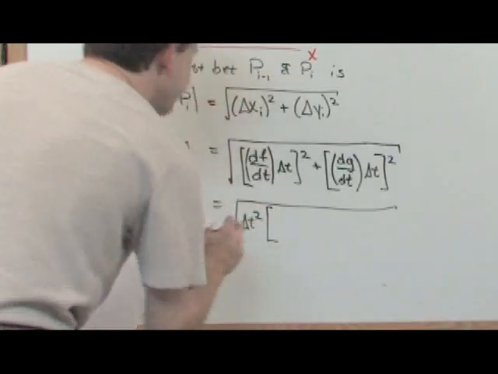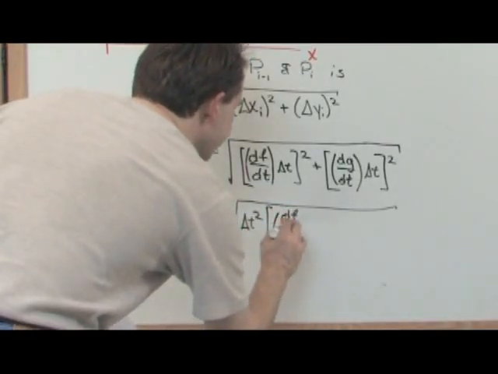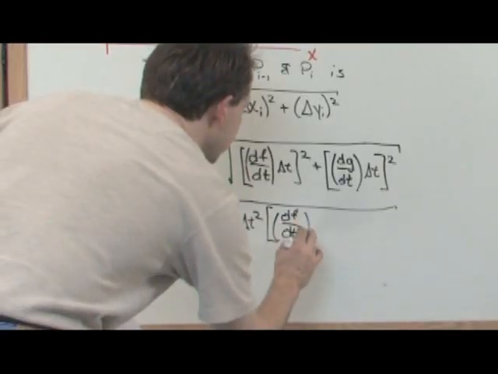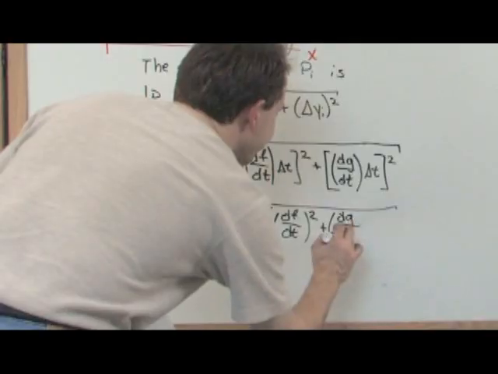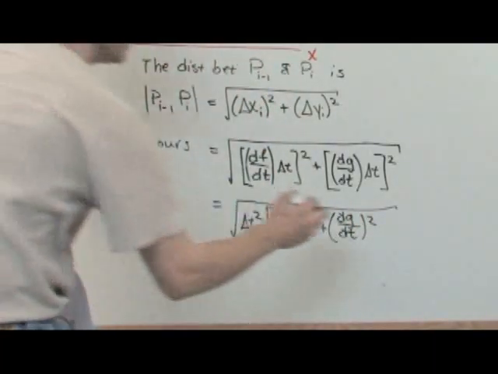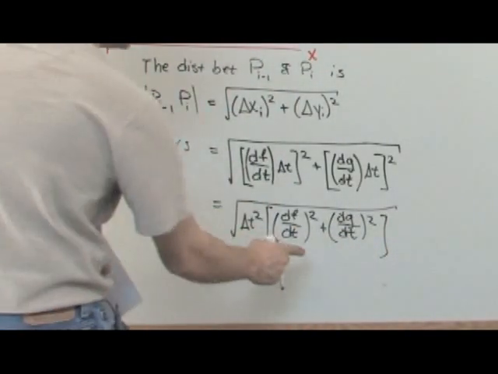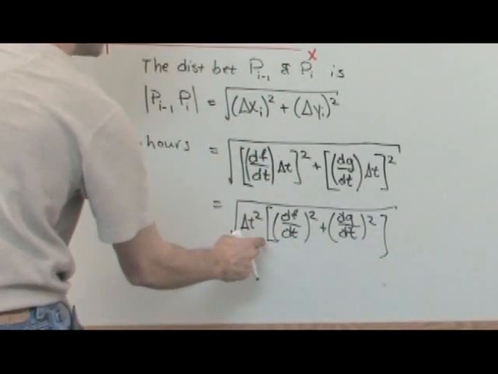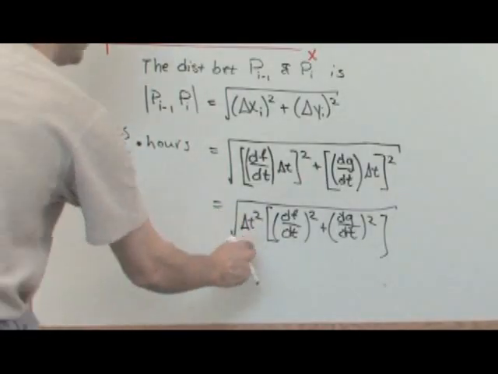And on the inside, I'm still going to have df dt squared plus dg dt squared, and I'm going to have a bracket right here. Now look, this is a quantity altogether, and this is a quantity off by himself. I can take the square root of this square here, and delta t can come right on out.